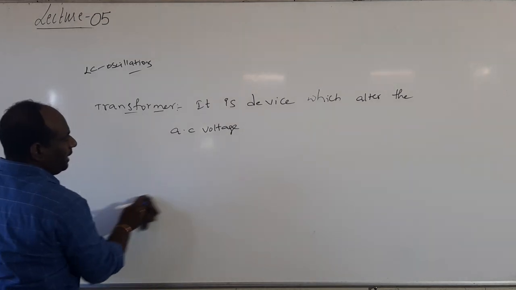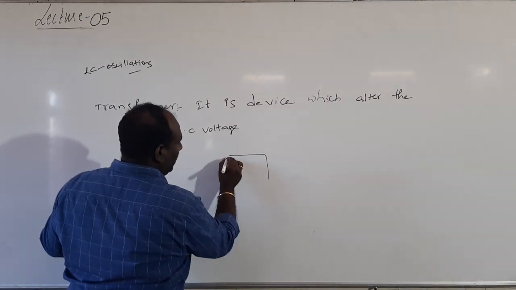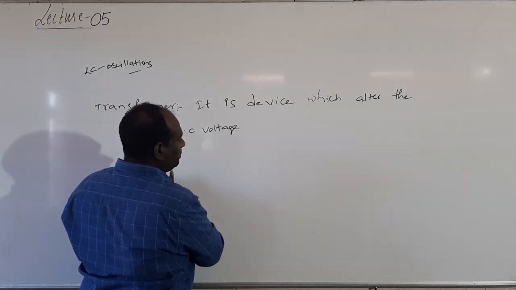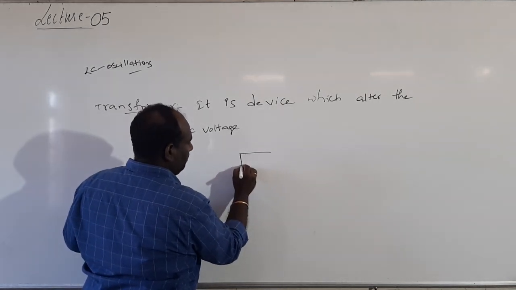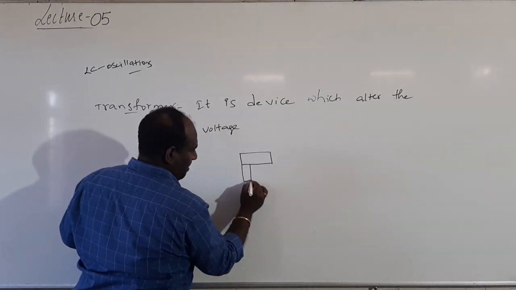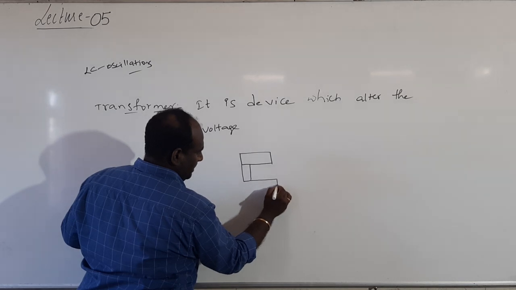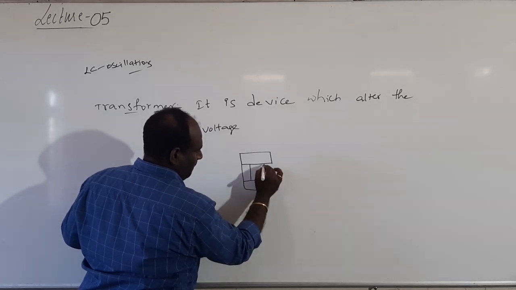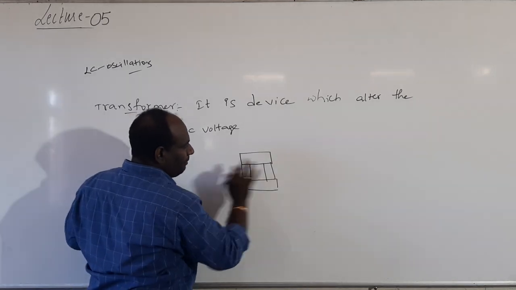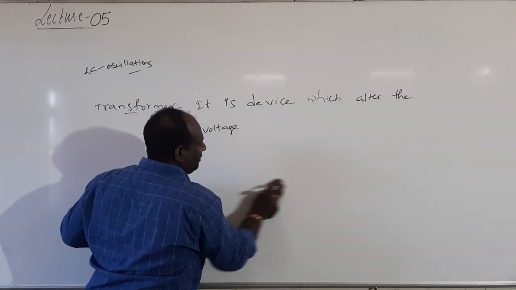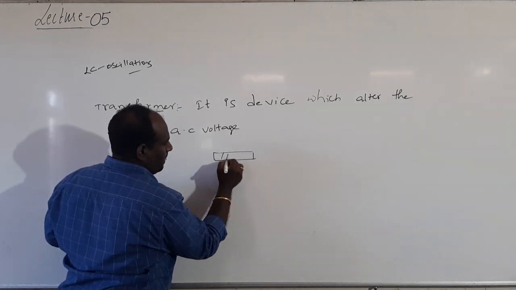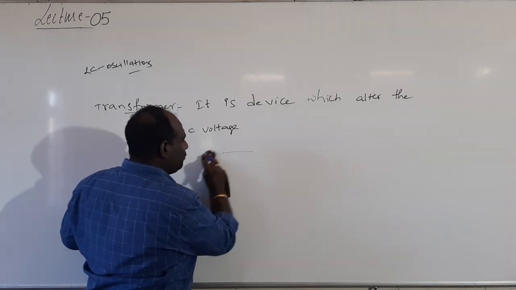Transformer consists of a rectangular lamina. This is a thick lamina. Assume this is a strip. Like this, this is a lamina. Multiple laminas are placed one over the other, like this frame. We can say a thick metal frame, with laminas placed one over the other.